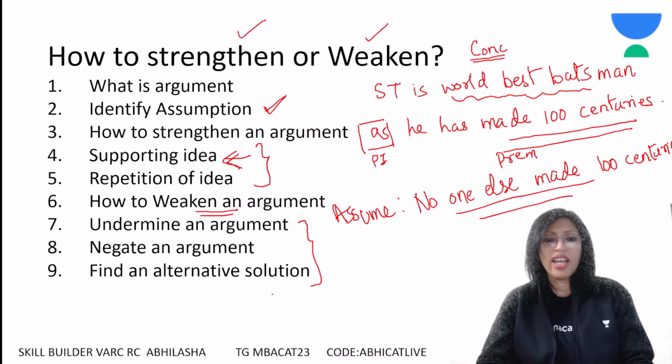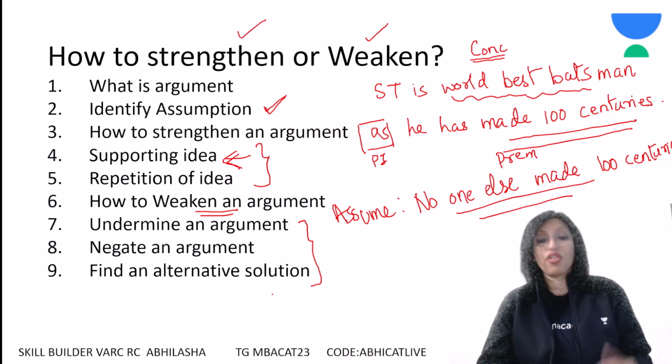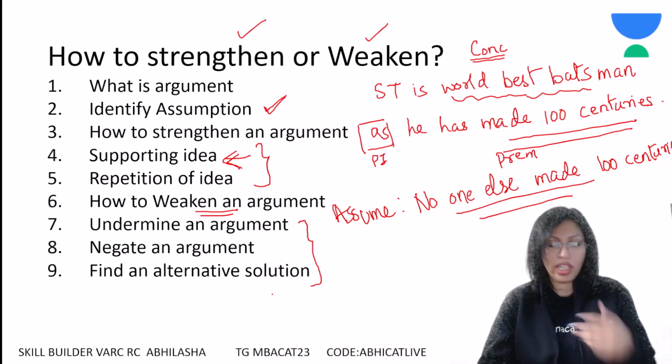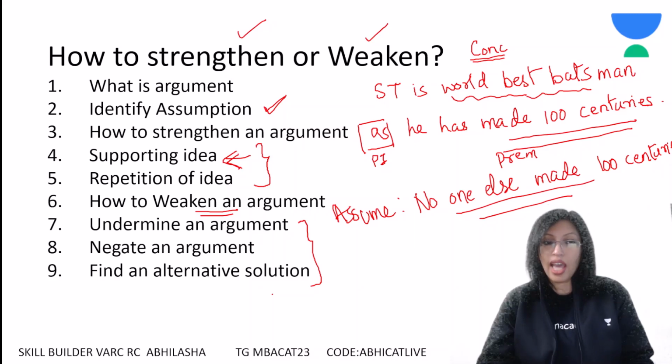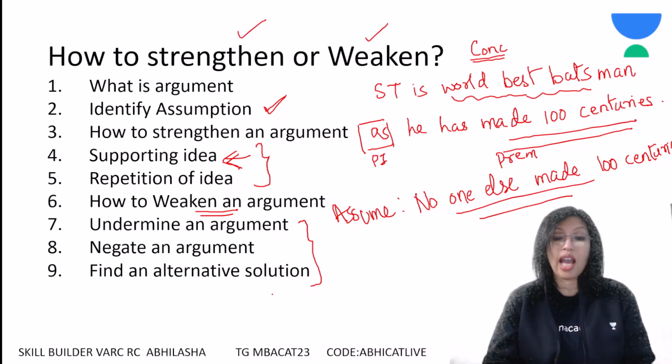So I could say that, hey, Donald Bradman is the world's best batsman. Or hey, Sunil Gavaskar is the world's best batsman. Or hey, Saurav Ganguly is the world's best batsman. Whatever. I could find alternatives to Sachin Tendulkar, and I could have strengthened or weakened either way.